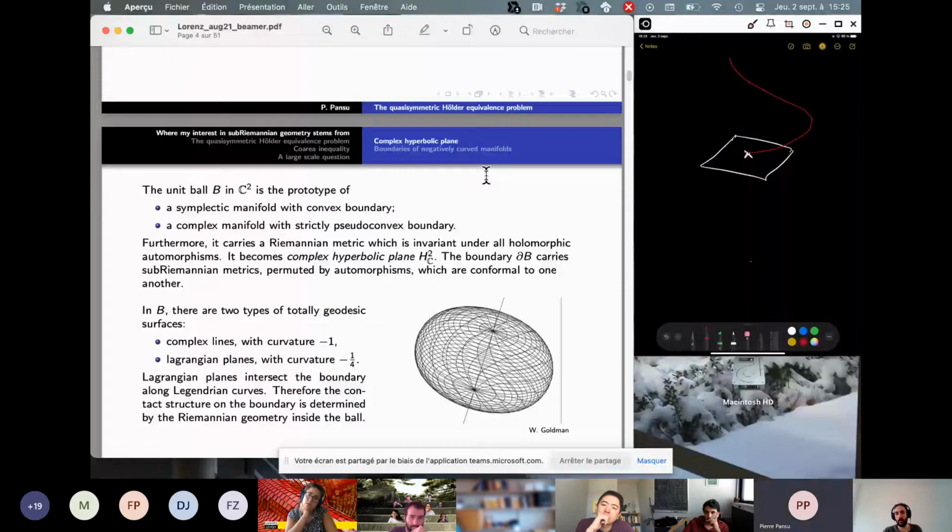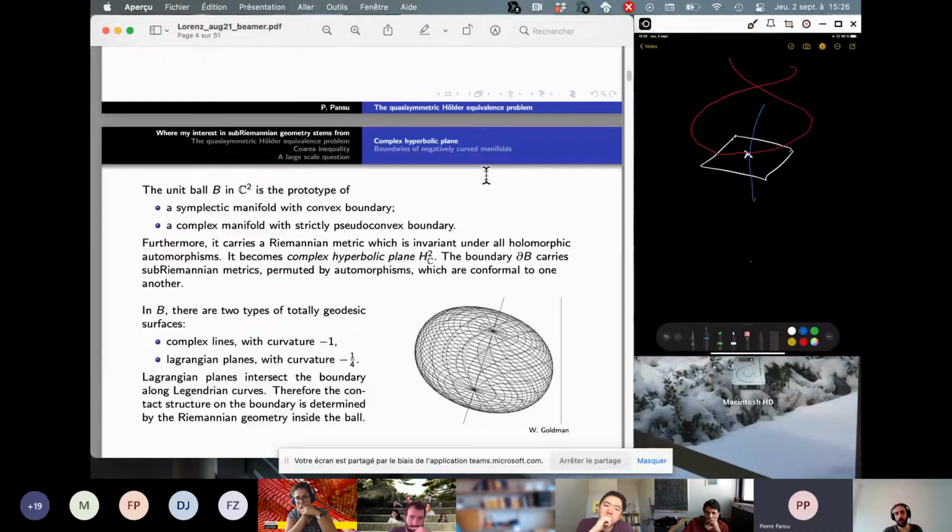Whereas for the boundaries of complex lines, every real, ordinary geodesic is contained in a unique complex geodesic, a complex line. This forms a chain, a curve which is transverse like this.